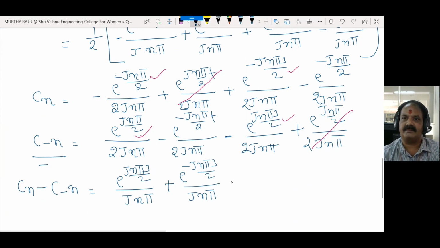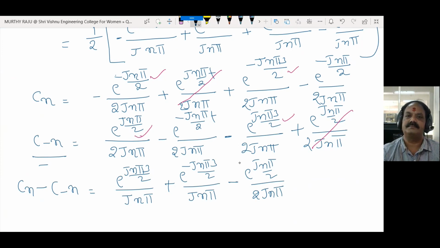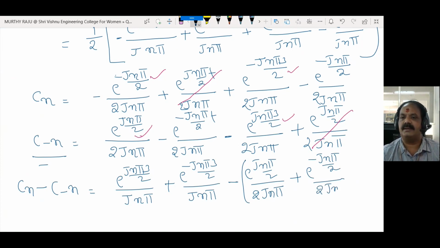Therefore, C minus n means minus here minus n: e power j n pi by 2 by 2 j n pi. Here minus sign is also there. We use bracket here: e power minus j n pi by 2 by 2 j n pi.